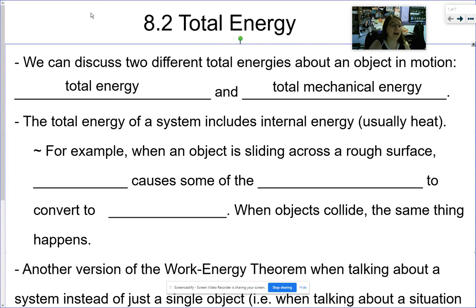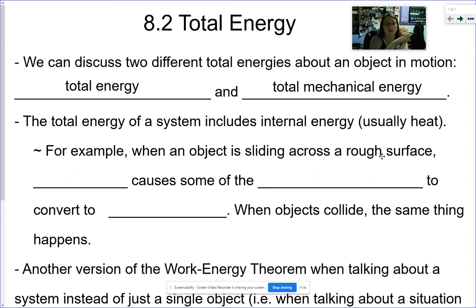So, for example, when we have an object sliding across a rough surface, friction is going to cause some of the kinetic energy of that motion to convert to heat energy. This is a form of internal energy. And when objects collide, the same thing happens.